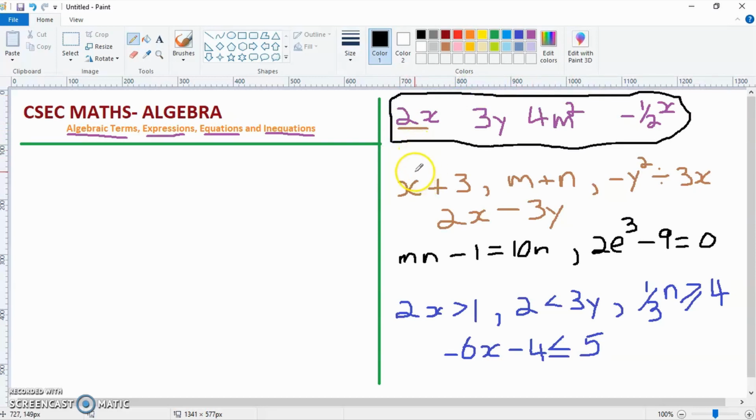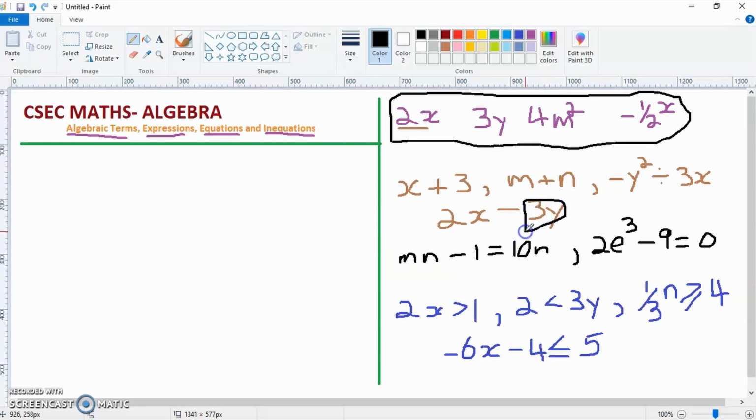The x here is also an algebraic term. This 2x is another algebraic term. M is another, n is another, and the 3y here is another one.